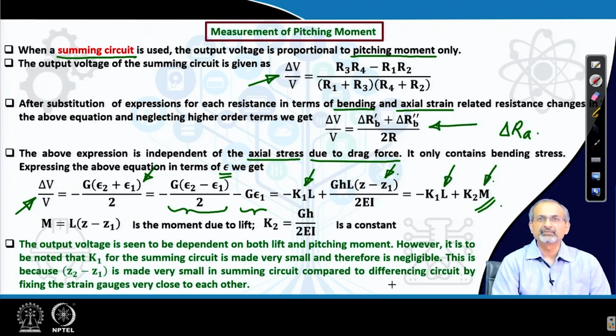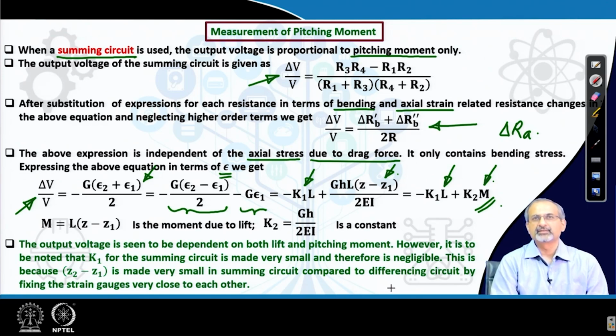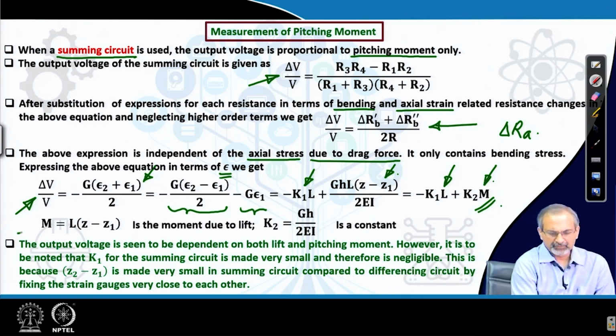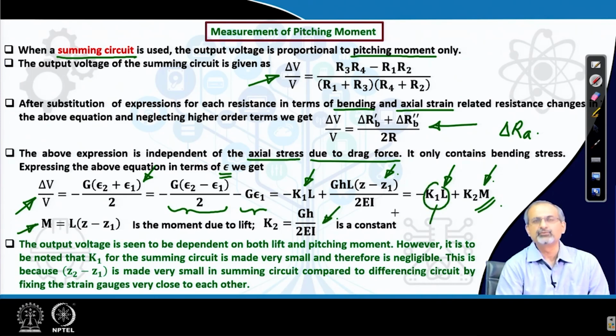However, we want it to be effective for pitching moment measurement, not a combination of lift and moment. So, how do we do that? Let us try to see. Moment, of course, over here is this, K2 is this constant, and let us see how much this first term will actually influence the result.